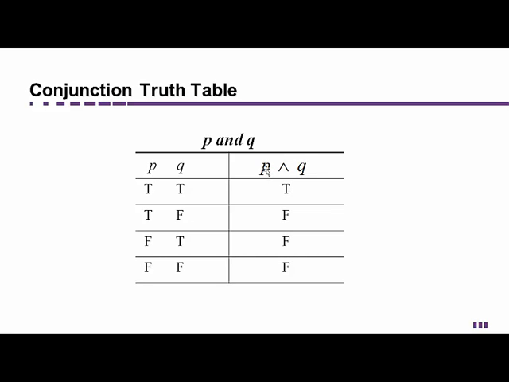So think of it simply as, a student will pass the test if they pass part P and part Q. So if they pass P and they pass Q, they pass the test. But if they pass the first part and fail the second part, they fail the test, right? If they fail the first part but pass the second part, they still fail the test. And if they fail both parts, then they obviously doubly failed the test, right? So that's the idea of a truth table.